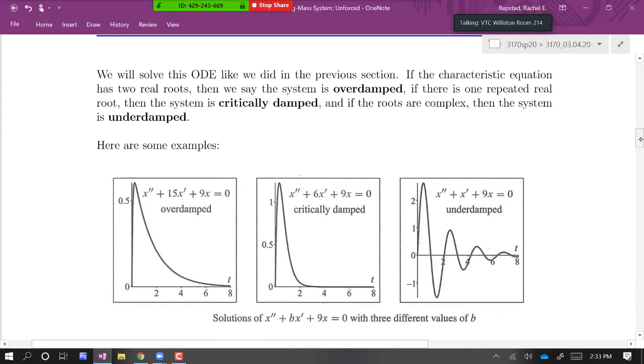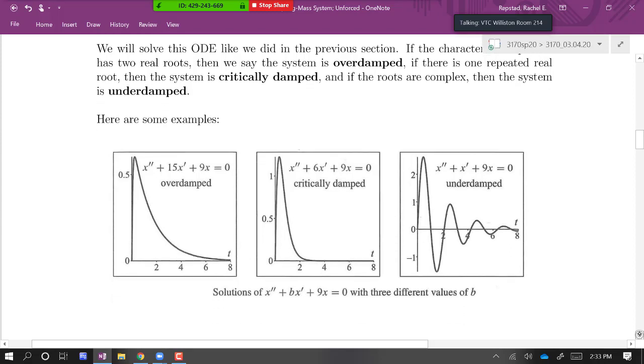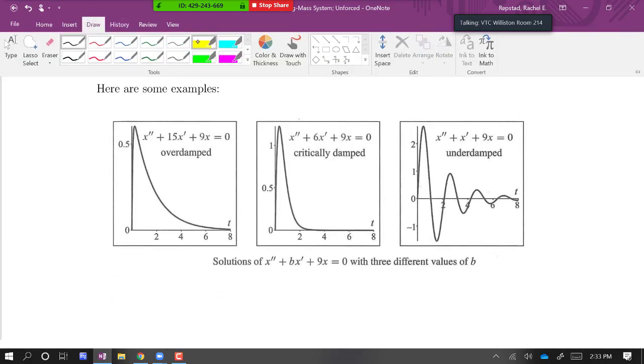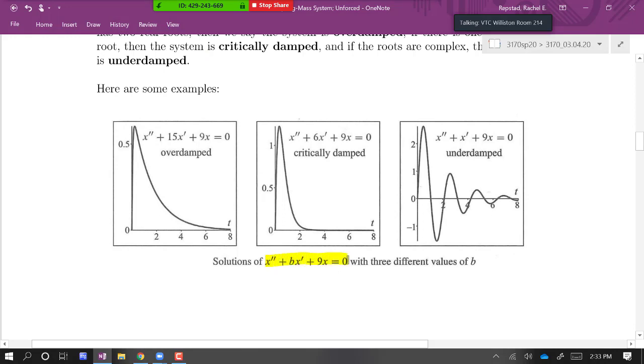We've used these terms before: overdamped, underdamped, critically damped. So now we have a context for what that means. In this figure here, we've got 3 graphs. They're just this homogeneous equation with different values of b for the damping constant.